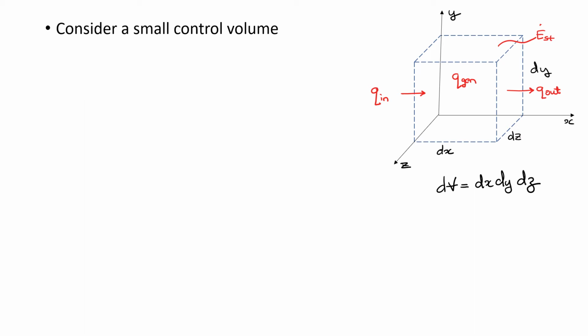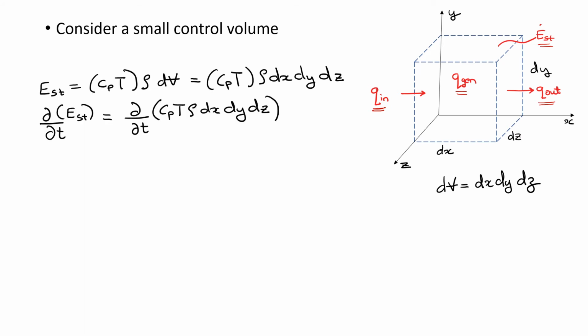In this case, we have a Q in coming into the system, a Q out leaving the system, a heat generation term, Q gen, and the energy stored in the system, E dot st. The energy stored in the system, like we saw in the previous slide, is Cp T, which is the specific internal energy, times rho dV, which is the mass. So this is u and this is mass.